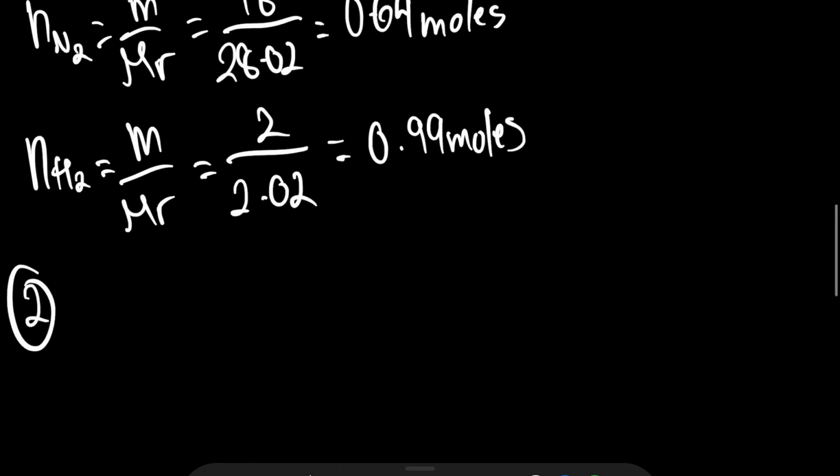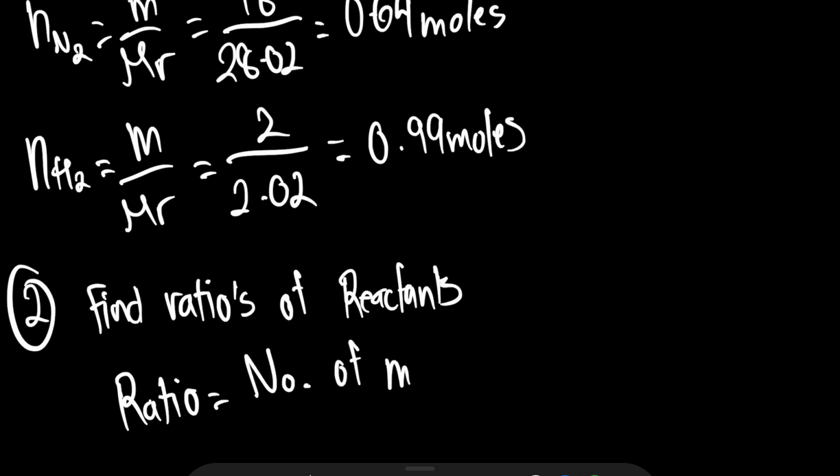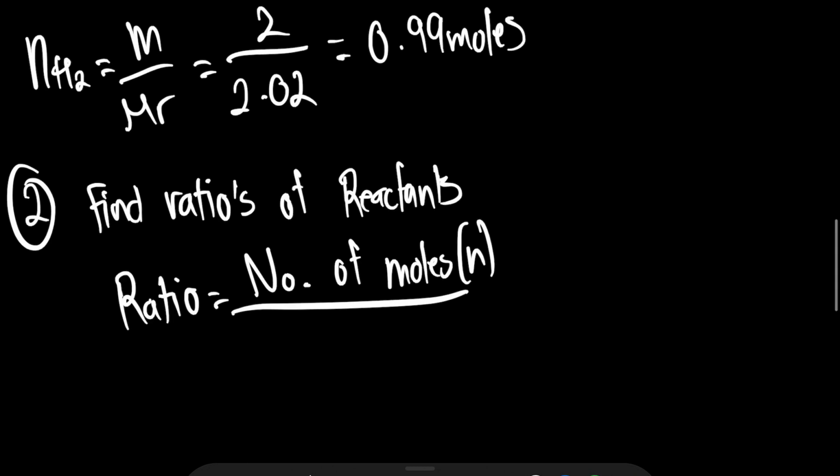Now your second step is to compare their ratios, or to derive their ratios. Now that can be found by using this formula, which is the number of moles of the reactants over the balancing number.